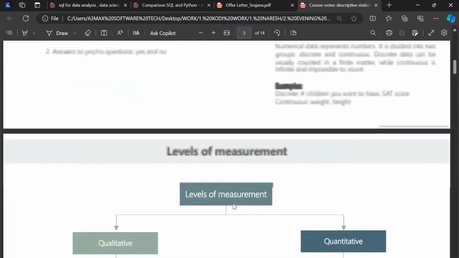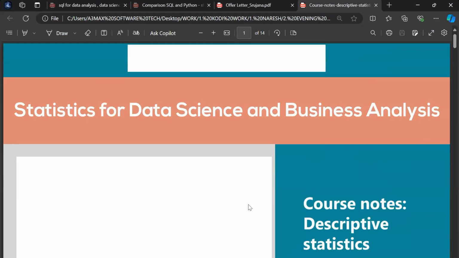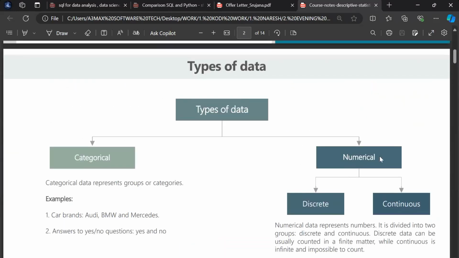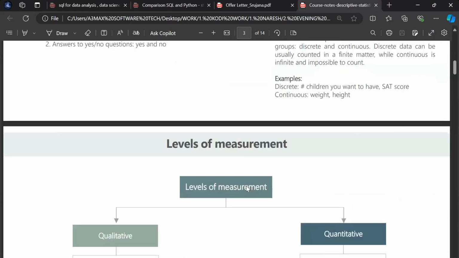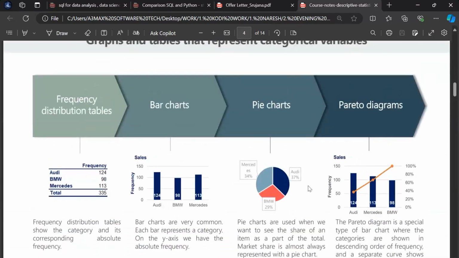If you come down, you have numerical data and categorical data. That's why, before building any machine learning model, you have to check how the data behaves in the form of graphs. This part we are done. We have done many graphs, guys. What are frequency distributions, tables, bar chart, pie chart, Pareto diagrams?